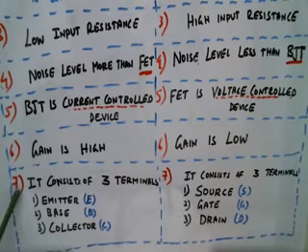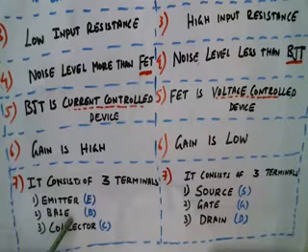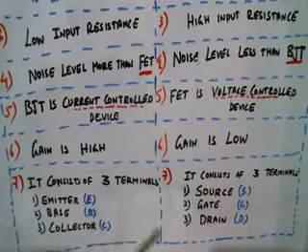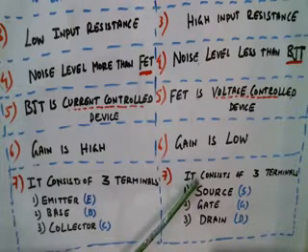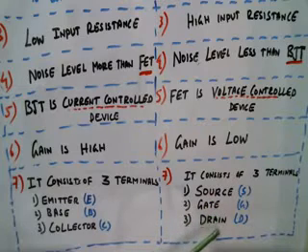Point number 7. BJT consists of 3 terminals: emitter, base, collector. Emitter is represented by E, base is represented by B, collector is represented by C. FET also consists of 3 terminals: source, gate and drain.